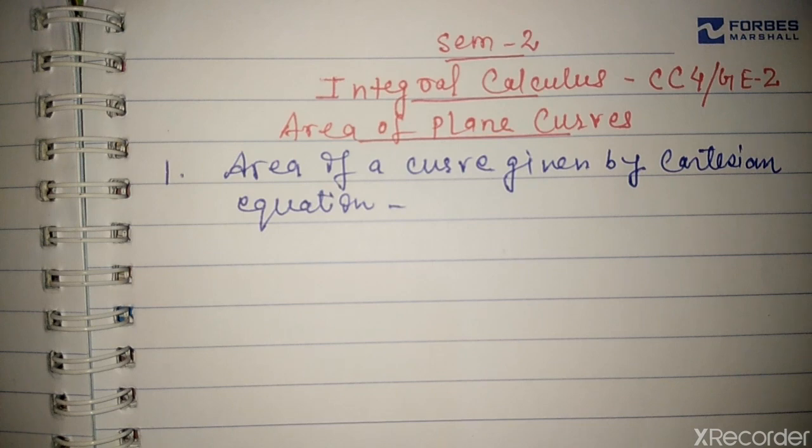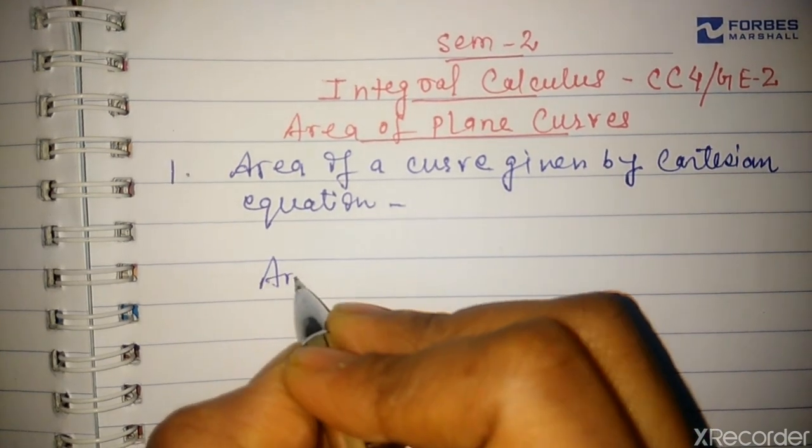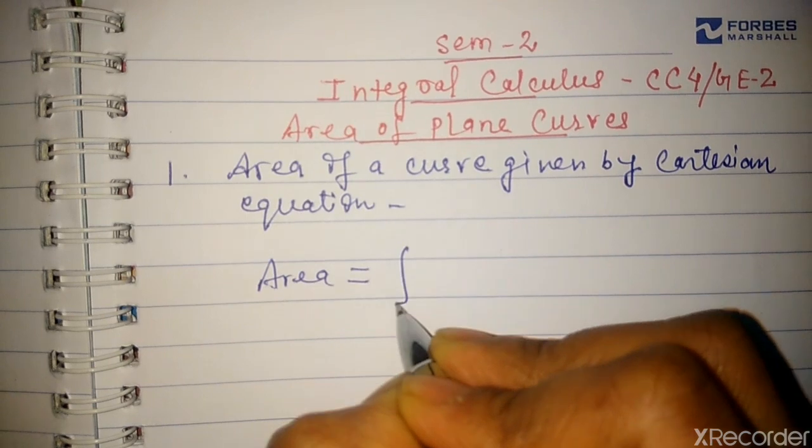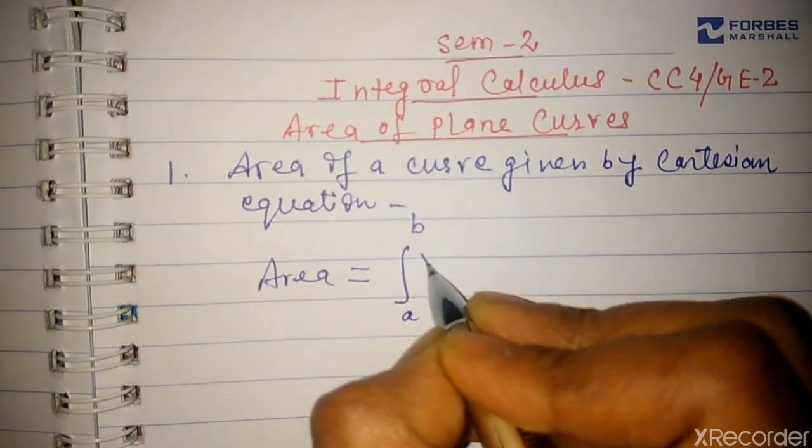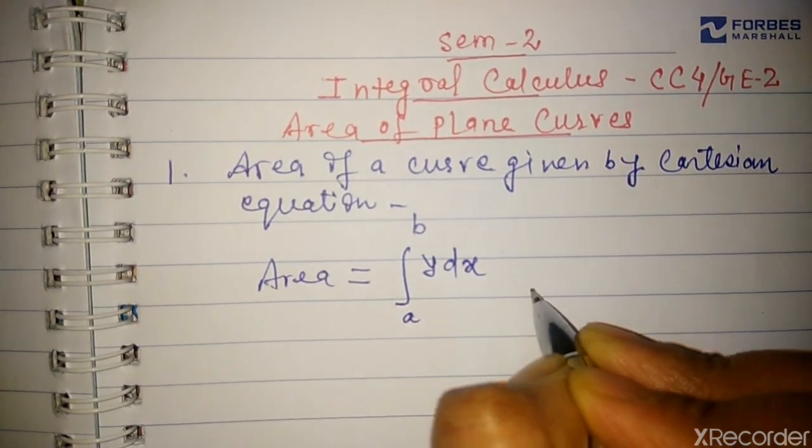Refer to the rectangular axes of coordinates: the area included between the curve, the axis of x and the two ordinates x equals a and x equals b is represented by the definite integral, and the area is given as the integration from a to b of y dx.